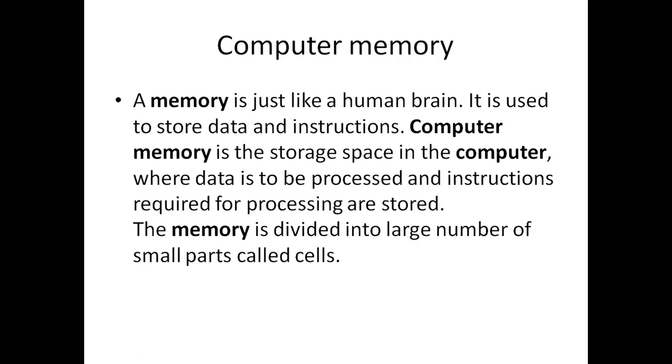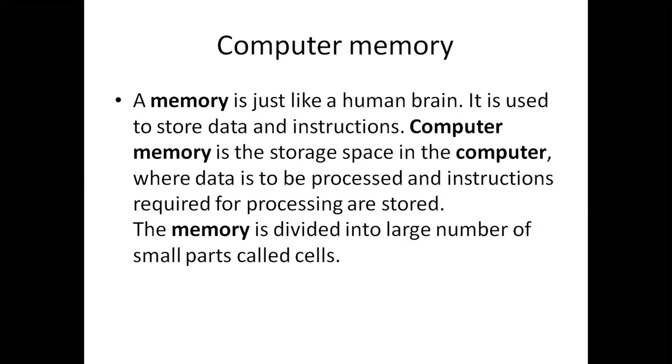The memory is divided into a large number of small parts called cells. The small parts are also flip-flop, latch. If you are a computer or electronics student, you will know what flip-flop and latch are. So that is the small part. It's called a cell.